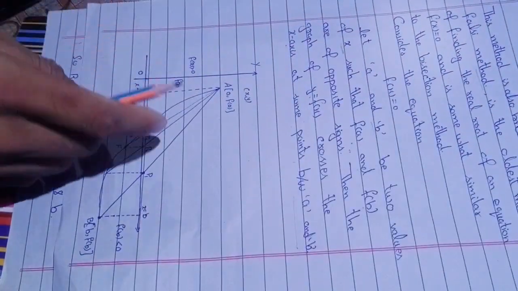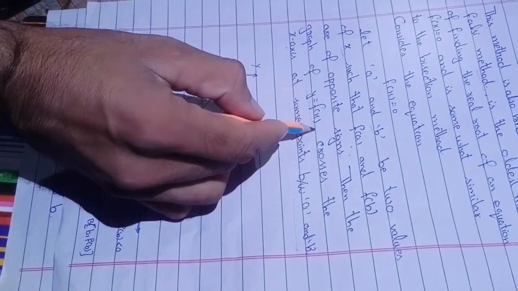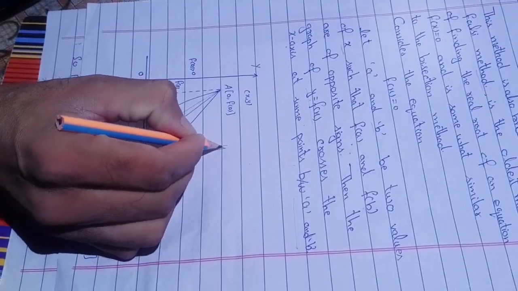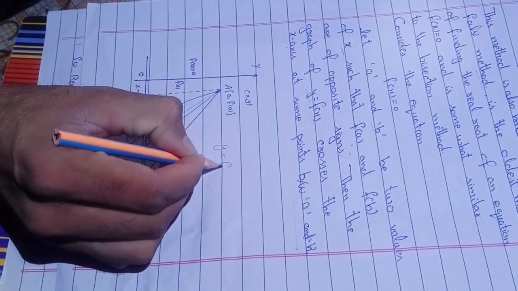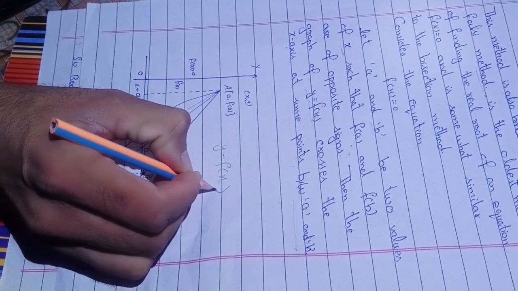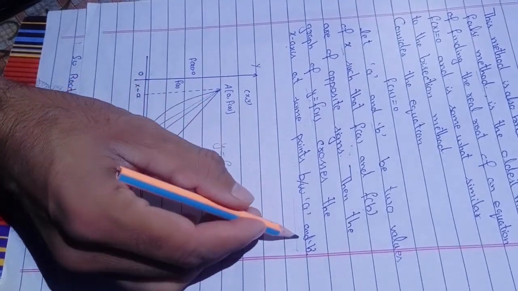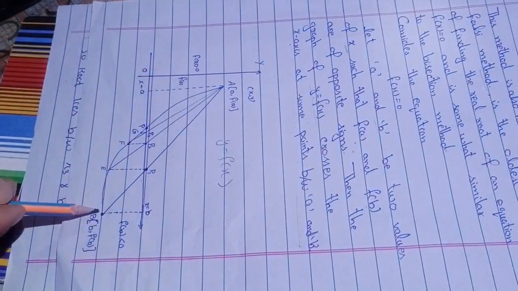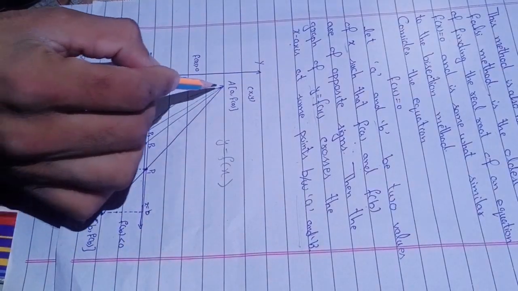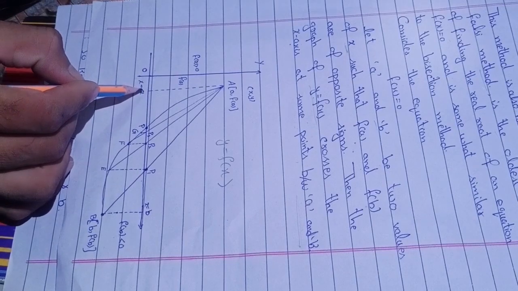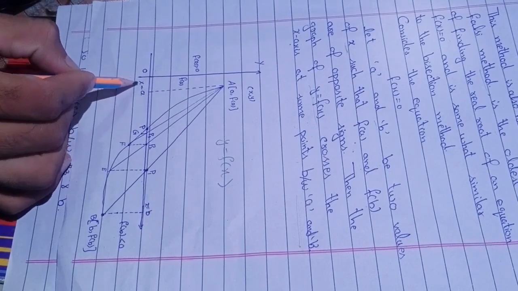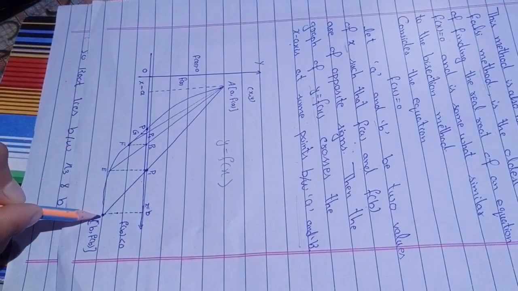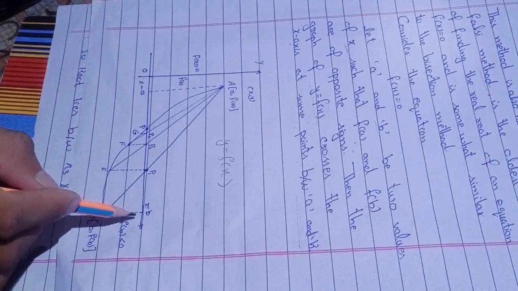We will take the graph y equal to f of x between two points a and b. Draw the curve and draw a perpendicular at x equal to a, and another at x equal to b.